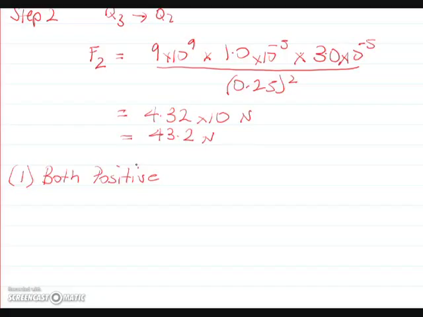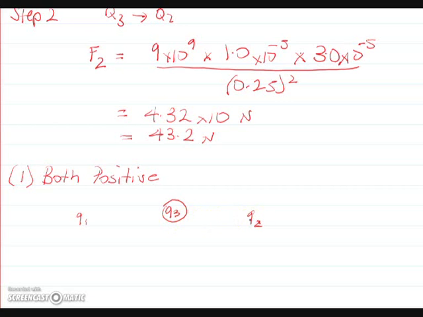All right, so if we're standing at Q3, in the middle here, Q1 is over here, the first one, and it's going to be positive, and force number 2 over here, Q2.